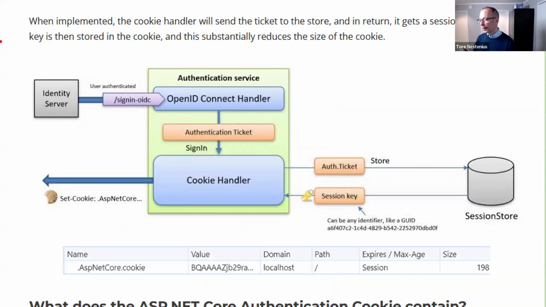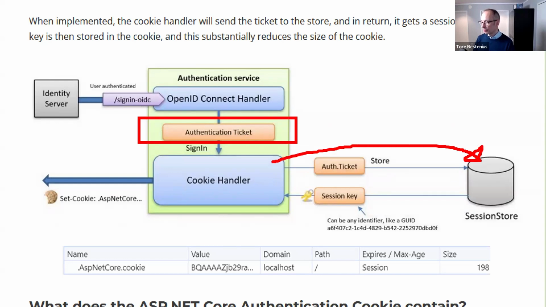So when we send this authentication ticket to the cookie handler, we send it to some store, in memory or in the backend or somewhere, and we get an identity back, like a GUID, and you place that GUID inside the cookie.